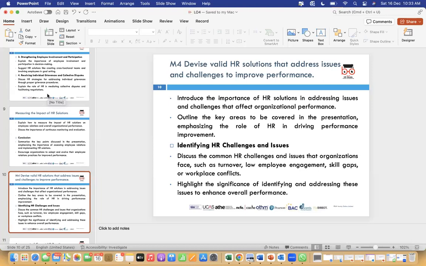Again, it comes with different challenges and issues. So even though you're pushing your employees, there's still employees that are not that engaged. So if someone's essentially working from home full time, they might not be that engaged compared to someone coming at work. Someone might actually have a skills gap.